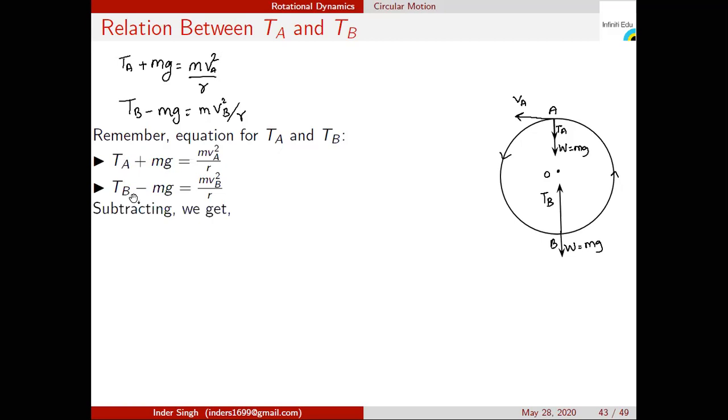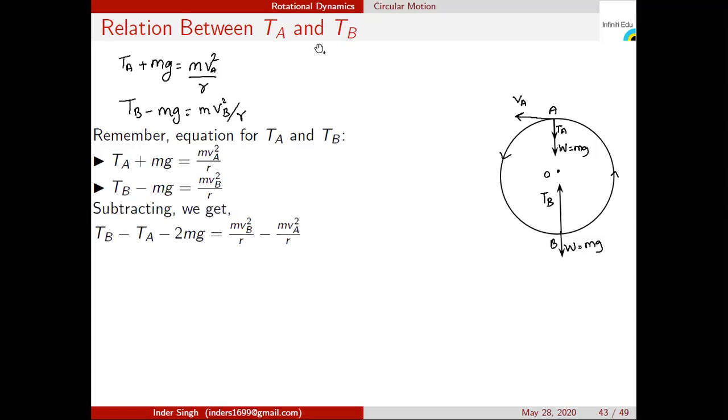If you subtract these two equations, TB is greater, and velocity vb is also greater, so we subtract TA from TB. So what will we get? TB minus TA. Here, minus mg minus mg will be equal to minus 2 mg. And this will be equal to mvb square divided by r minus mva square divided by r. Okay, so subtracting we get this.